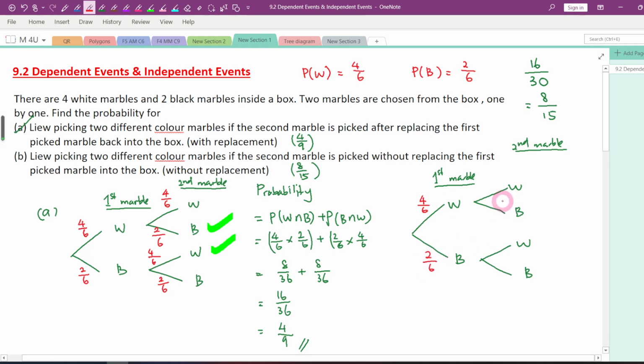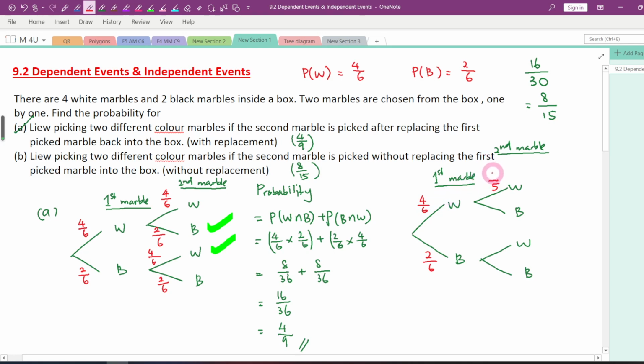So for the second marble, you need to be more careful because this is without replacement. So second time, when you want to pick the marble from the box, there are only 5 marbles inside the box. So let's say if the first marble picked is white, the number of white marbles inside the box will become less 1, right?